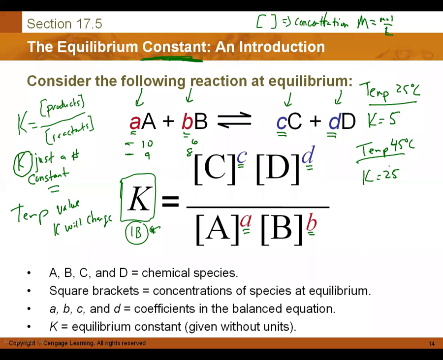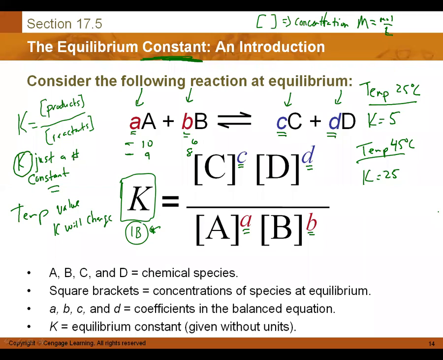But if you run an experiment, 7 different trials with 7 different starting amounts, but you keep the temperature at 25, for all 7 of those experiments, if you calculate the equilibrium constant, it should always hit the same number. Question on that?